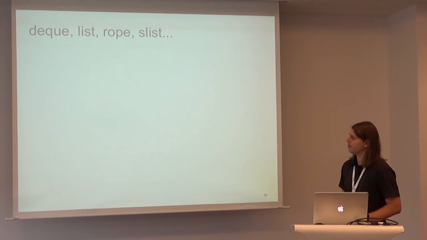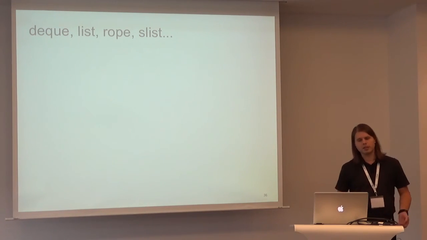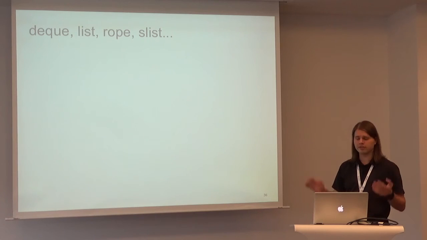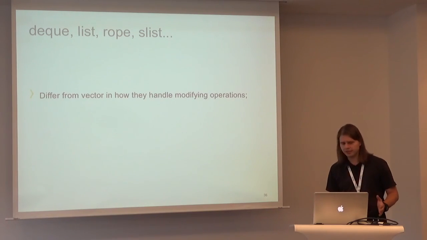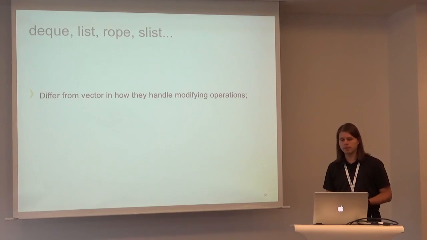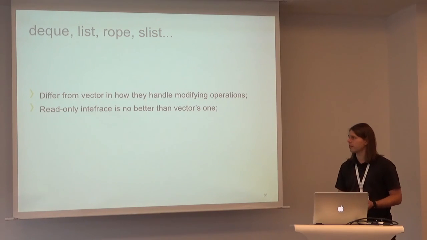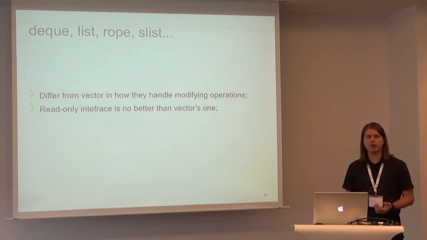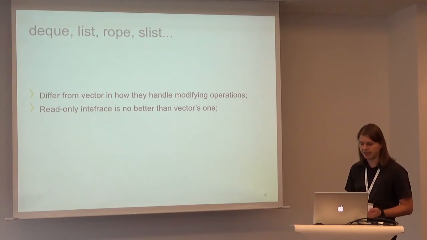The standard library provides us with more sequential containers: double-ended queue, linked list, single linked list, rope, whatever. All those containers differ in the way they handle insertions and erasures. But the read-only interface is no better than the vector's, since the vector already provides us random access, and what can be even better than that.